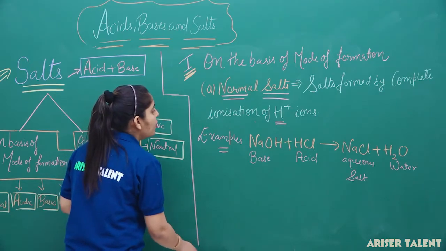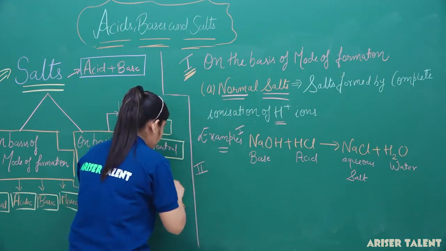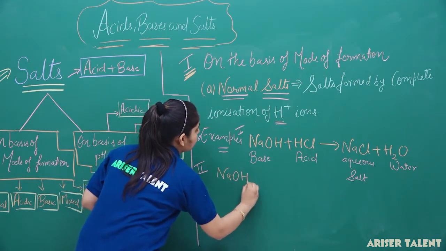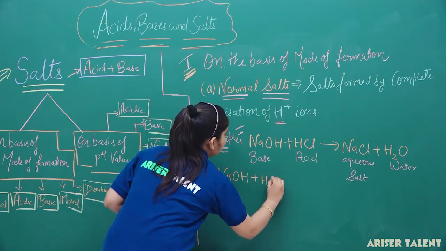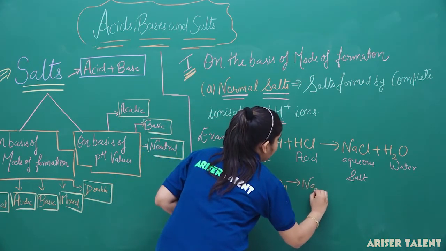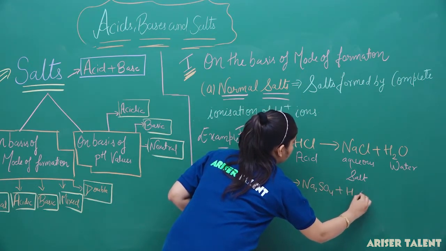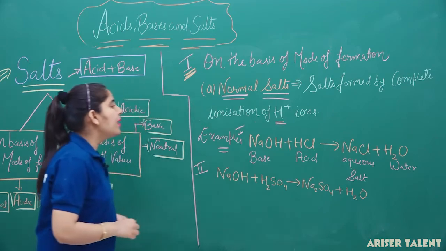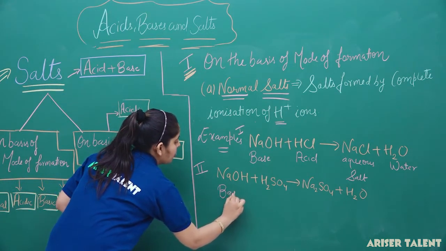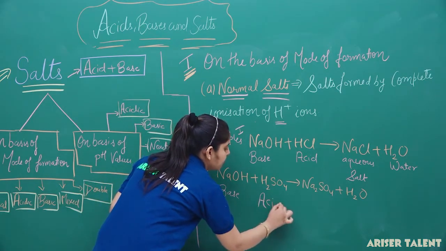We have one more example in this category. Our other example is NaOH plus H2SO4 gives Na2SO4 plus H2O. You can see in this equation, this is a base, sodium hydroxide, and H2SO4 is sulfuric acid.